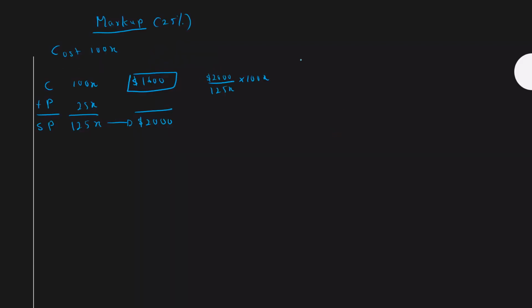If you follow the steps, you will not get the wrong answers. Let's see, according to the margin method, what will be my answer? When it comes to the margin method, what did I tell you? First thing you have to remember, your selling price should be 100x. Make that assumption. Then cost plus profit is equal to selling price.